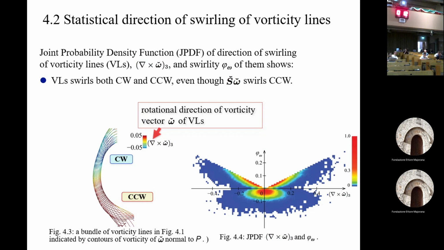The third component of the vorticity of the vorticity vector in the swirl plane indicates just the direction of rotation in the swirl plane.